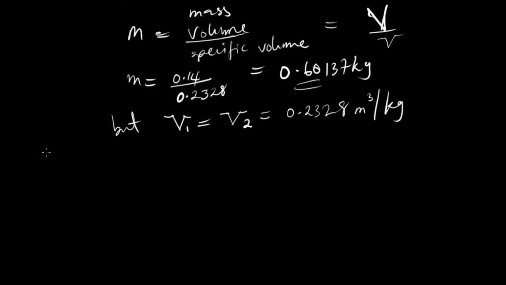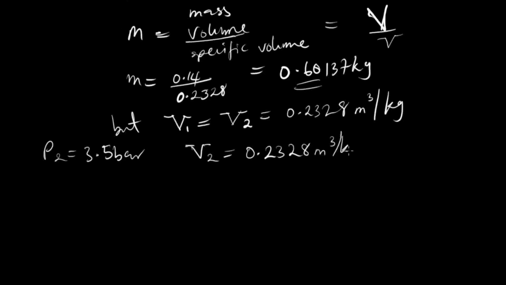They said P2 is equal to 3.5 bar, and we have that V2, that is specific volume 2, is 0.2328 meter cube per kilogram. So you go to the saturated vapor table.